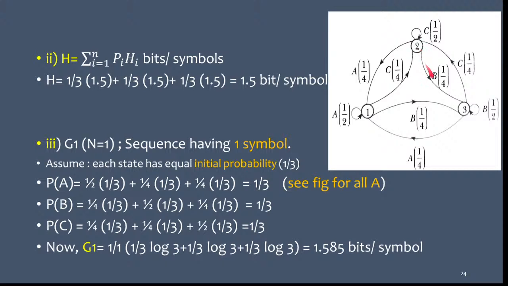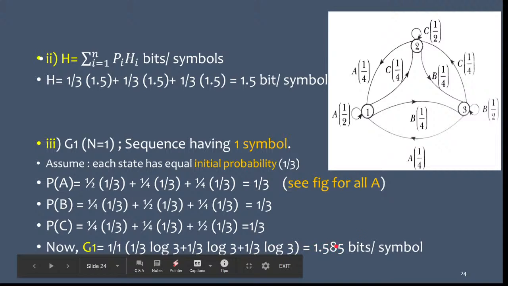State 2 also generates B. Next, there is one more B here. State 3 also generates B. So that is what is written here for A, B, and C. Basically, transition probability multiplied by the initial probability of the state. Similarly, for C, we find it here and substitute in the Gi equation. So that gives us this value.